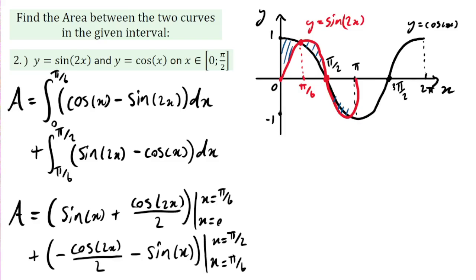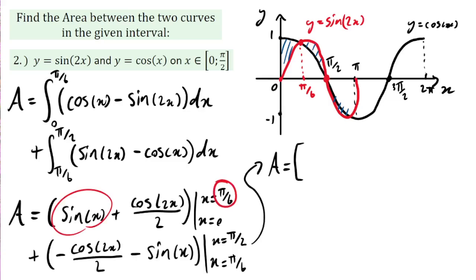And now if we were to evaluate the following, the area is equal to, now we're just going to evaluate. If we plug in pi over 6 into sine of x, we get an output of a half, right?